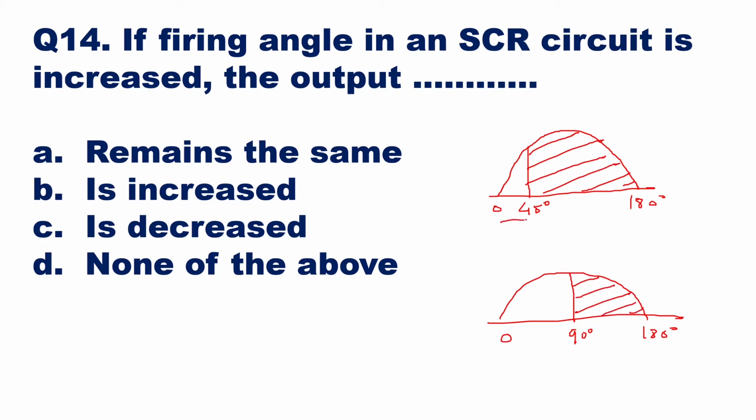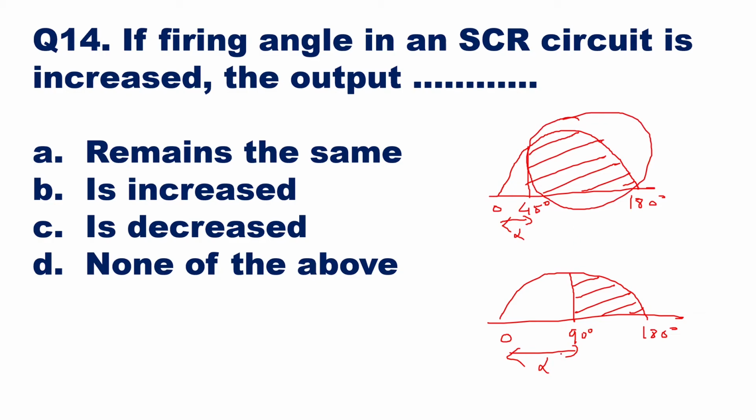Now you can see this is the firing angle alpha, and here this is the firing angle alpha. In the first case, if the firing angle is less, say for example 45 degree, the output voltage is more, the voltage going to the load will be more because the SCR is conducting.